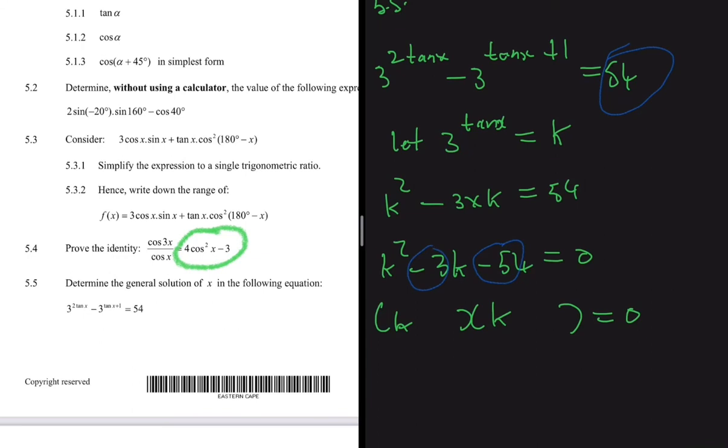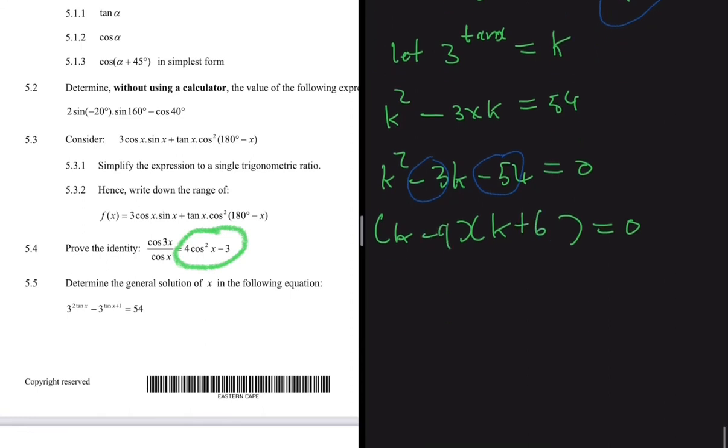Factors of 54 that I can do that with are 9 and 6, so minus 9 and 6. So k is equal to 9, or k is equal to minus 6.